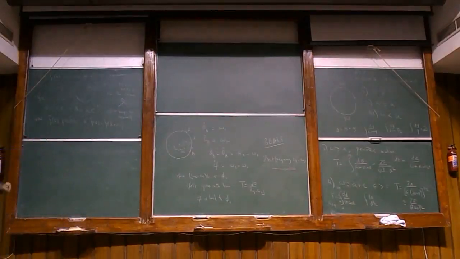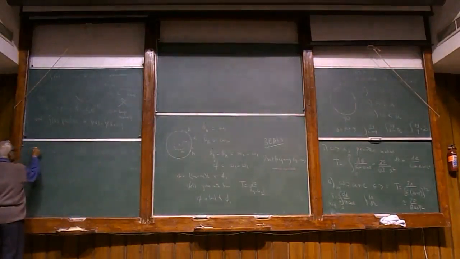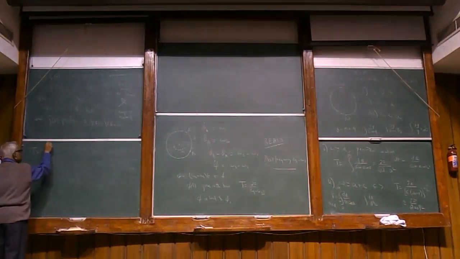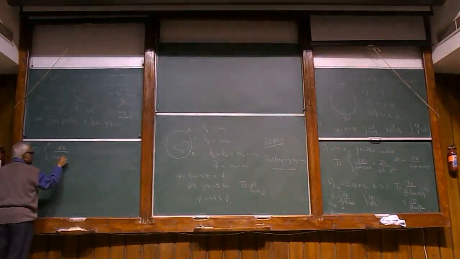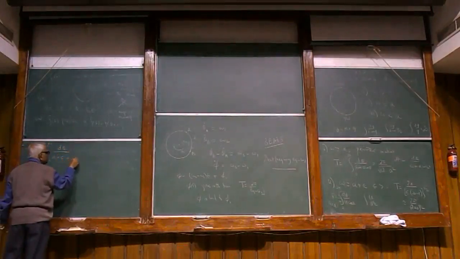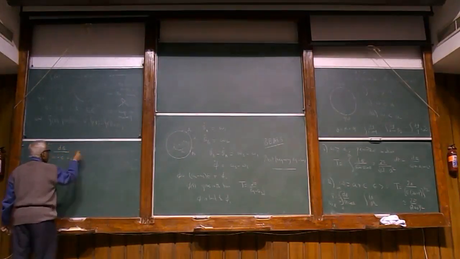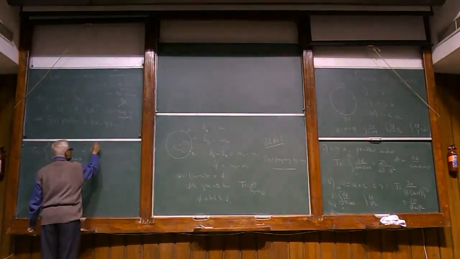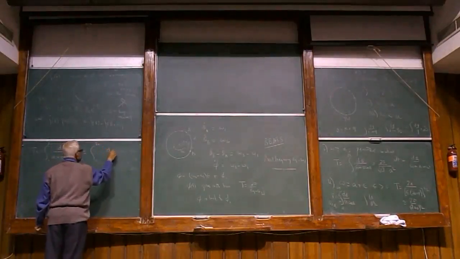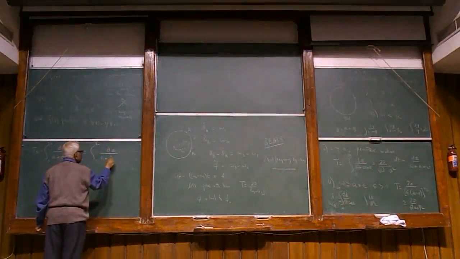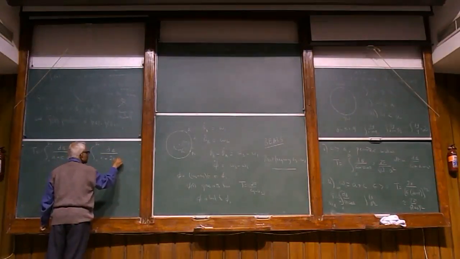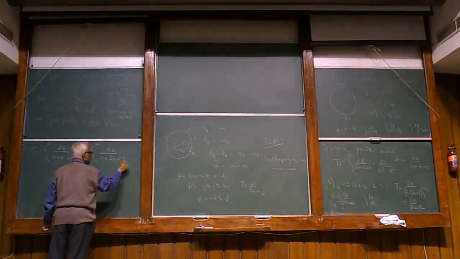Let's concentrate on the integral with t equal to 0 to 2 pi, d theta over a plus epsilon plus a cos theta, which is equal to 0 to 2 pi d theta over epsilon plus 2a cos square theta by 2.